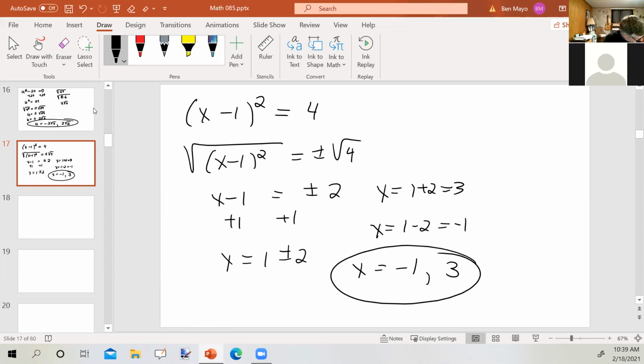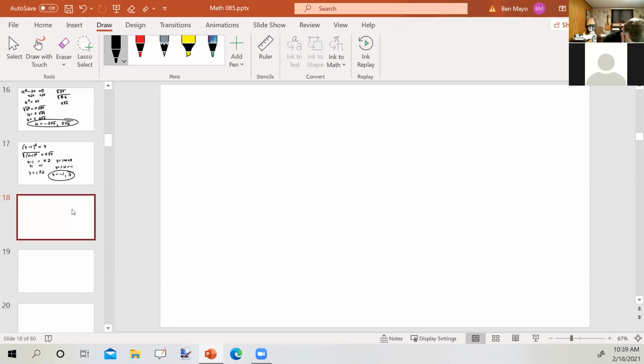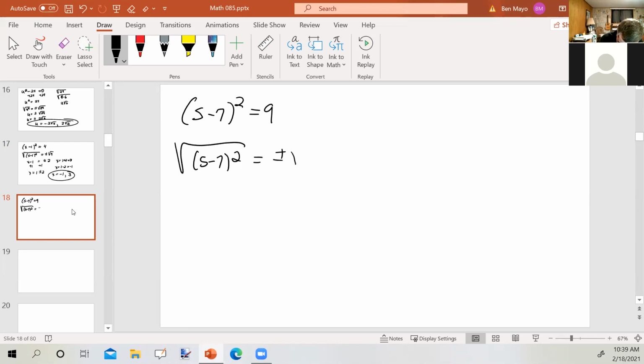Let's see. Another example. The quantity s minus 7 squared equals 9. So once again, I have a perfect square with a variable inside equal to some number or a constant. So I'm going to take the square root of both sides. Don't forget that plus or minus.